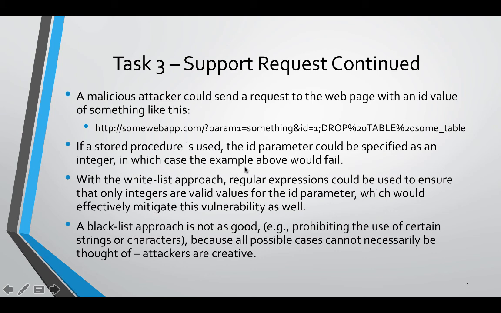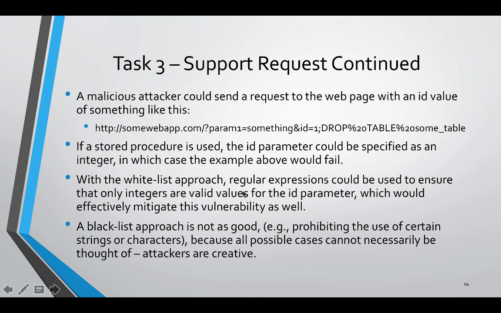If stored procedures are used, the ID parameter could be specified as an integer, for instance, in which case the ID parameter, the entirety of it, is equals 1 semicolon drop table some table. If you submitted this as a value in a stored procedure that was expecting an integer, this would obviously fail, and so the SQL would never get executed.